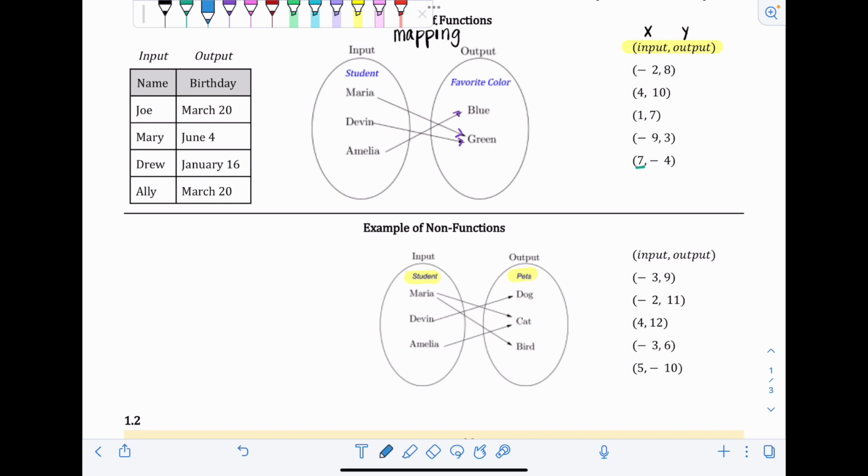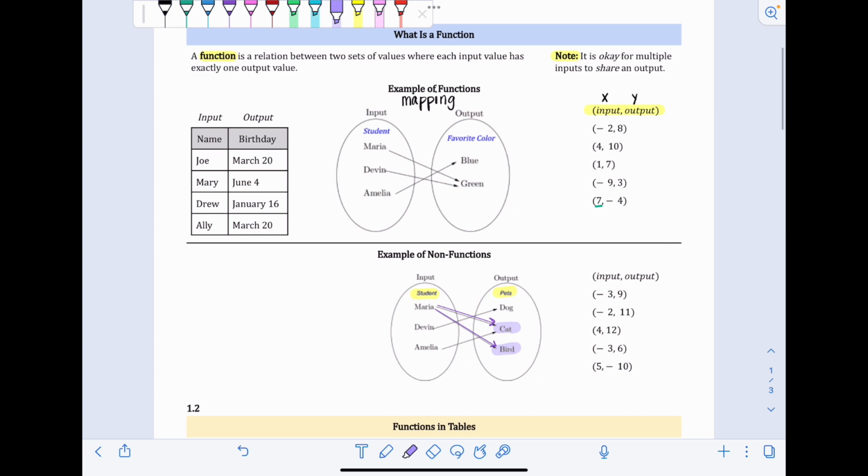So for example, Maria has a cat, and then she also has a bird. So that one input, Maria, has two different outputs, a cat and a bird. That breaks this rule right here where it says each input value has exactly one output value. It breaks that right away, so that would mean it's not a function.